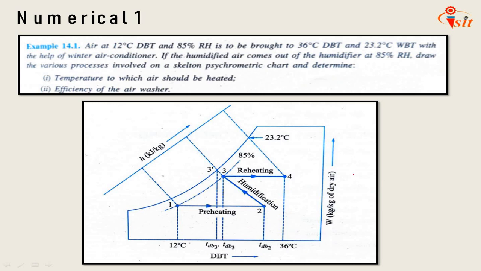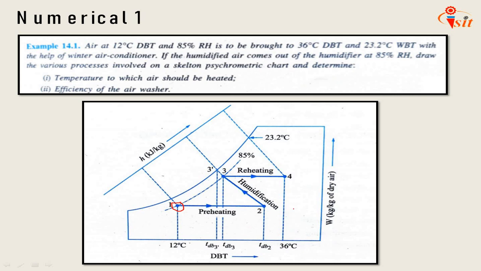Here the given conditions are TD1, which is 12 degrees Celsius, and Phi1, that is 85%, so we get point 1. Next it is given TD4 is 36 and TW4 is 23.2, so we get point 4.